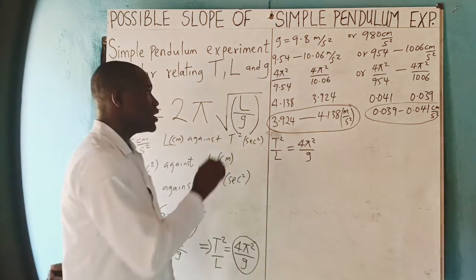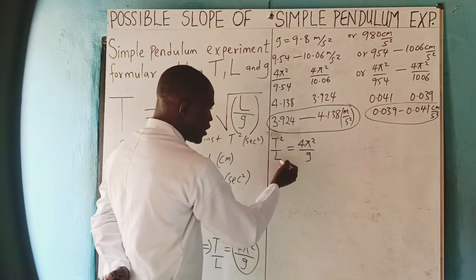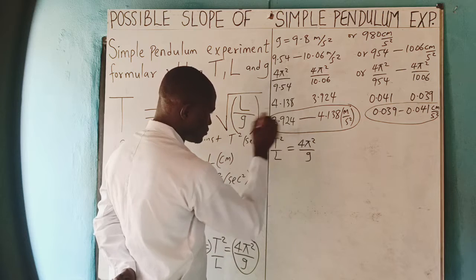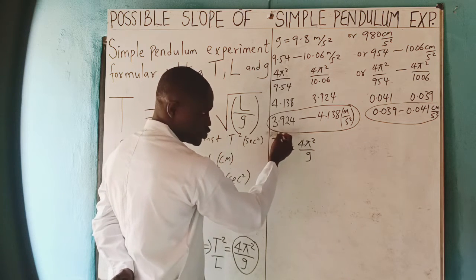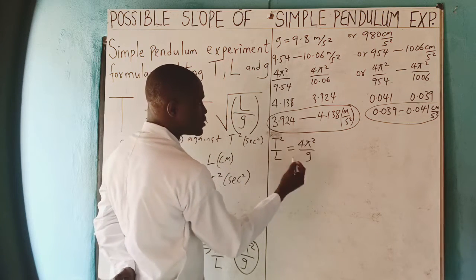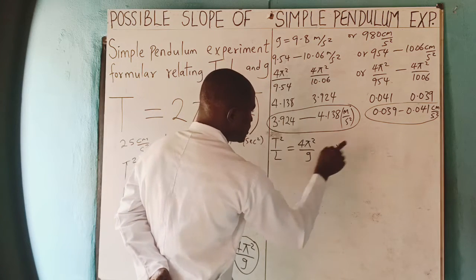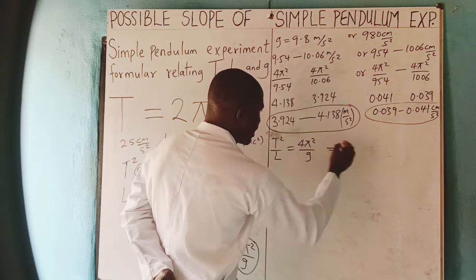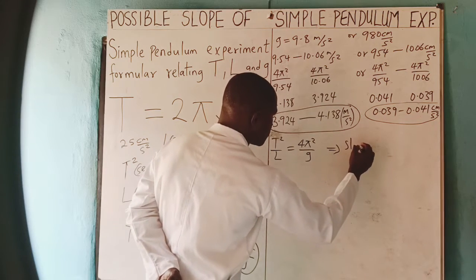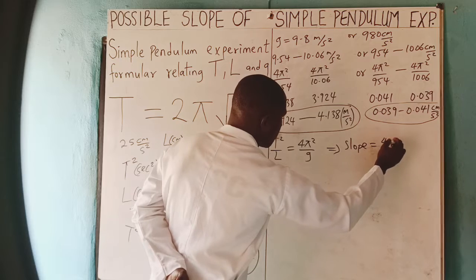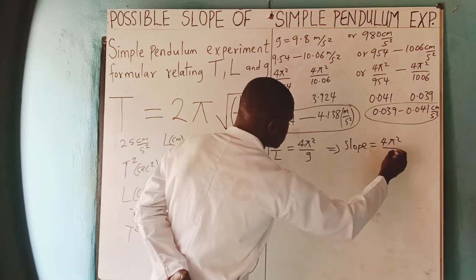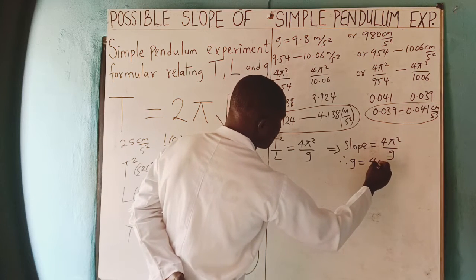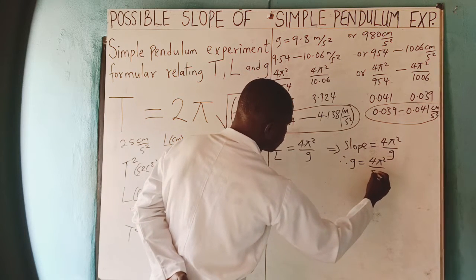Are you getting it? That means with the slope I got, if I am to deduce my G, I will cross multiply. The slope equals 4 pi square over G. Therefore, my G is equal to 4 pi square over slope.